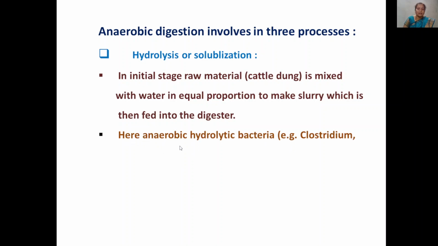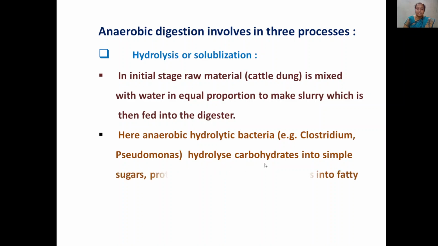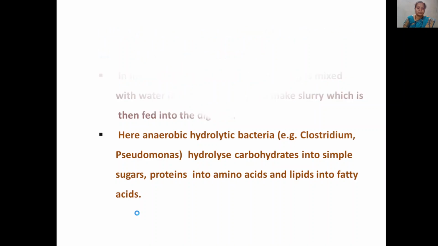Here, anaerobic hydrolytic bacteria, for example Clostridium, Pseudomonas, hydrolyze carbohydrates into simple sugars, proteins into amino acids, and lipids into fatty acids. Go to next slide.